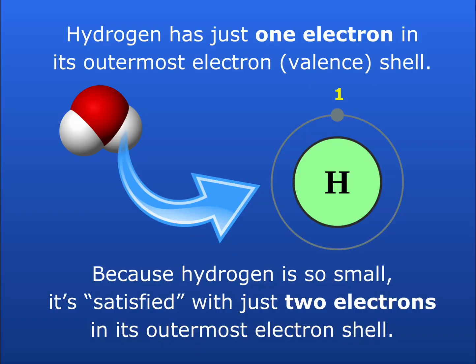So hydrogen just has 1 electron in its outermost shell, and because hydrogen is so small, it's satisfied with just 2 electrons. So what can oxygen and hydrogen do in order to satisfy that rule and have a full shell?